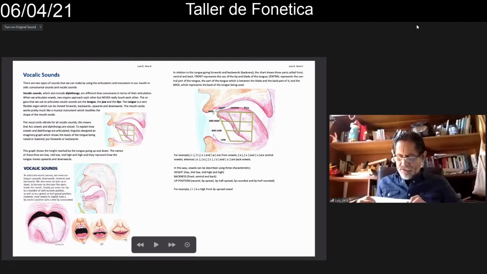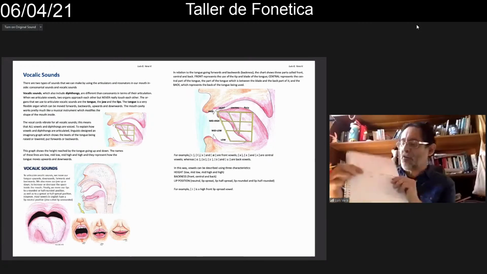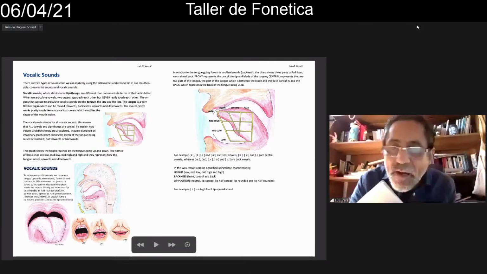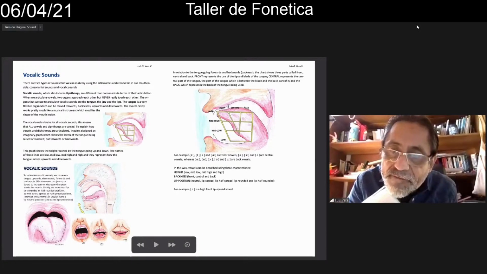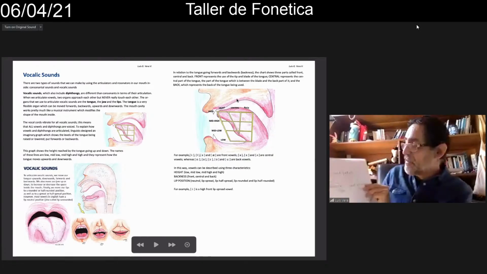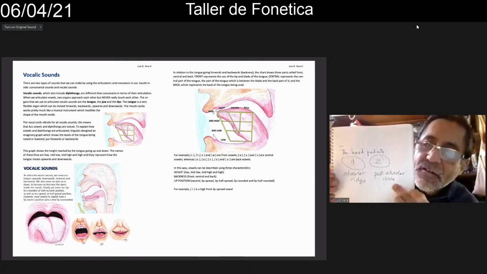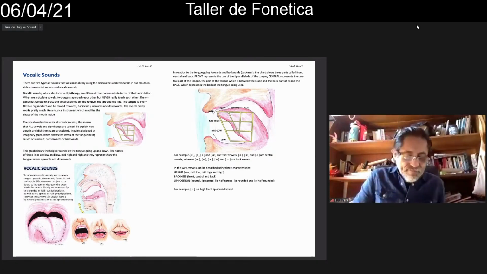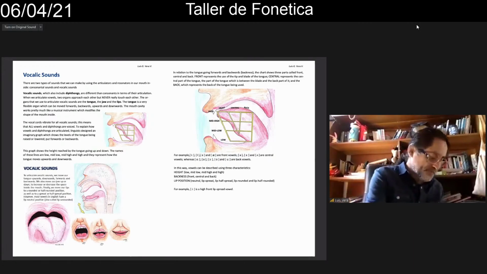But then the next one, here you have like a hole. Notice that? You have like a hole up to here, and that part is called the post-alveolar area.